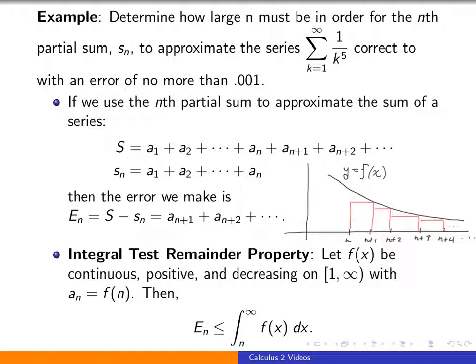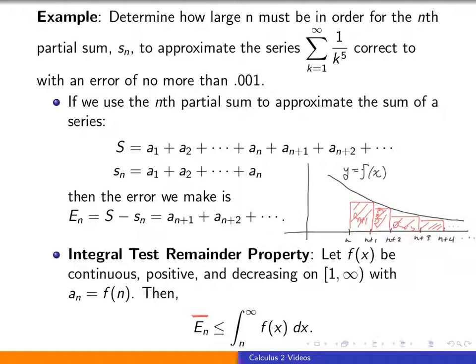So in the picture, this leftmost rectangle we see will have area a sub n plus 1. The next rectangle over will have area a sub n plus 2. Then a sub n plus 3, and so on. So essentially, if we take all in red, the areas in these rectangles, that would be precisely the e sub n, the error we want to approximate.